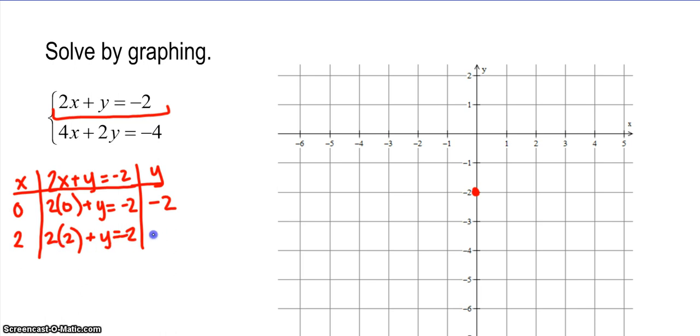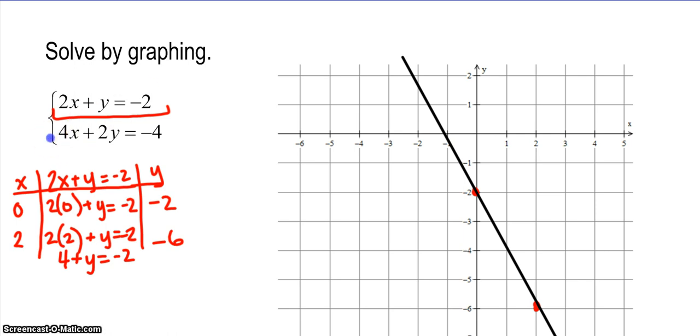That means y would have to be negative 6. So when I put a 2 in for x, I get negative 6 for y. And I'm going to use a straight edge and connect those 2 points.